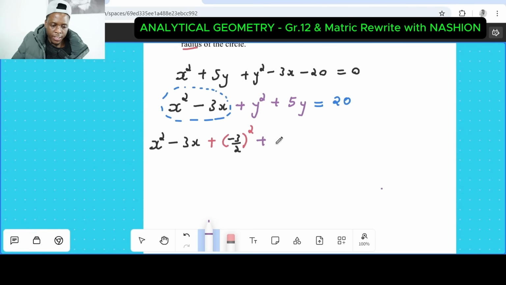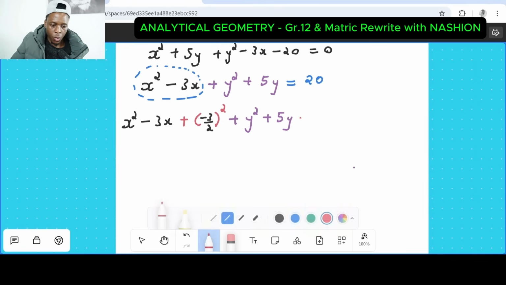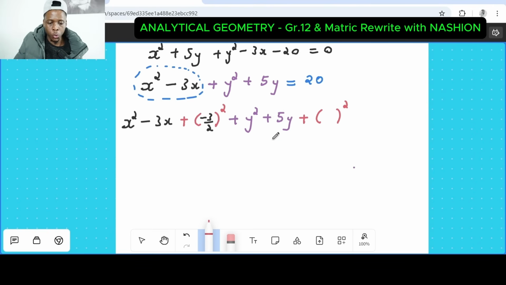Then the y's, y squared plus 5y. What are we adding? We add something and square it. But what is it? Let's look next door. We're going to take the coefficient of y, which is positive 5, and divide it by 2, giving us positive 5 over 2.